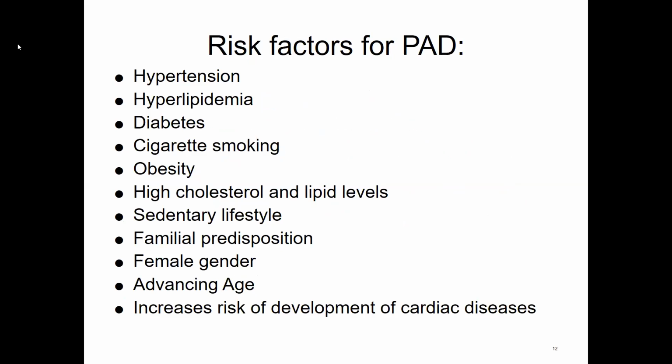We know diseases like hypertension can cause peripheral arterial disease. I know there's a lot on there. I'm not saying that you need to memorize all of them, but just think about the different things that we've gone over and what we've learned thus far. Does that make sense?